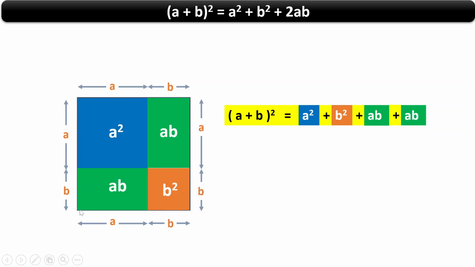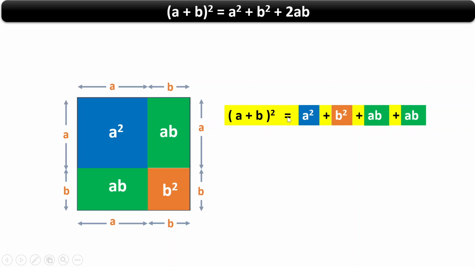And third, the remaining areas are two rectangles. Area of a rectangle is length into breadth, so a into b, ab. Similarly, this side also a into b, ab. So we have to add all these four to find (a plus b) whole square. So that is what we have got.